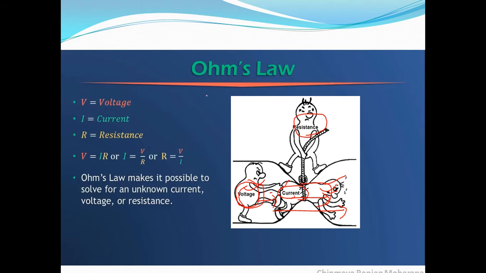Ohm declared that this also happens in our electrical circuit at a constant temperature. Clear? At a constant temperature. That's why our law comes out as V equal to IR, or you may say I equal to V by R. Clear?